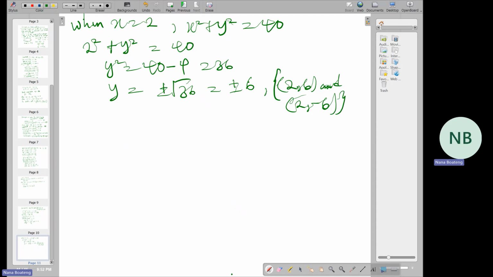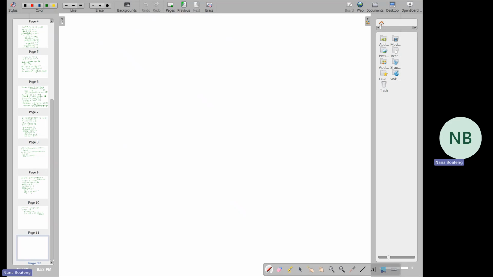So we'll call this our example 6. This will be our C example. And it's an application problem. So this is example 6.